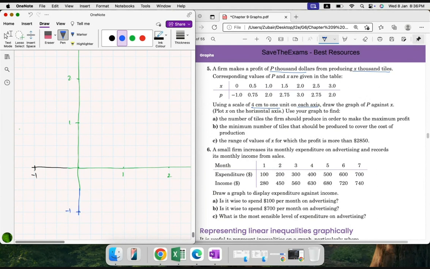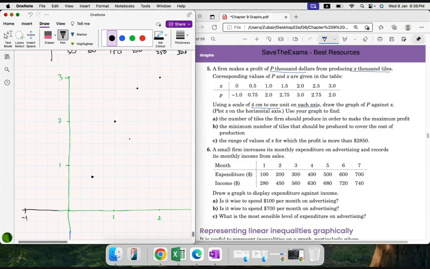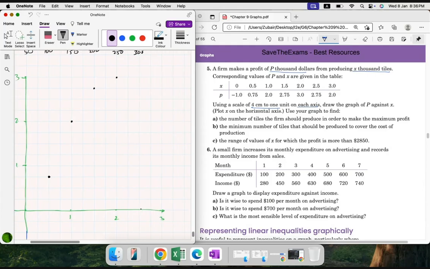X is 0.5, y is 0.75, x1, y2, x 1.5, y 2.75, x2, y3, x 2.5, y 2.75, x3 and y2.